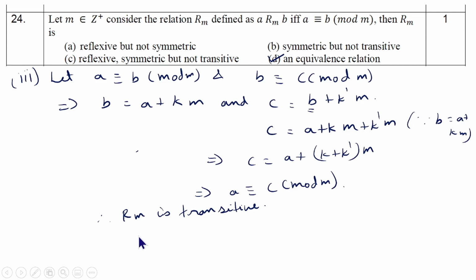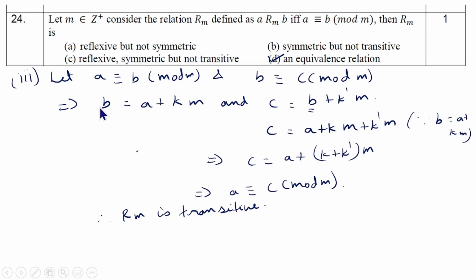Now coming to whether Rm is transitive. If we take a congruent to b mod m and b congruent to c mod m, we have to get a congruent to c mod m to prove that Rm is transitive. If a is congruent to b mod m, then we can write b is equal to a plus some constant k into m, and if b is congruent to c mod m, we can write c is equal to b plus constant k dash into m.